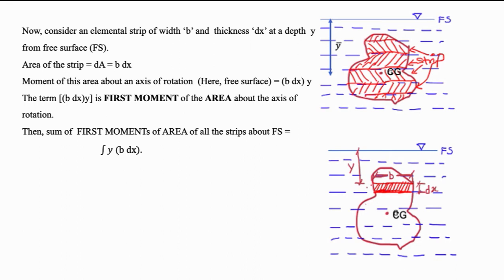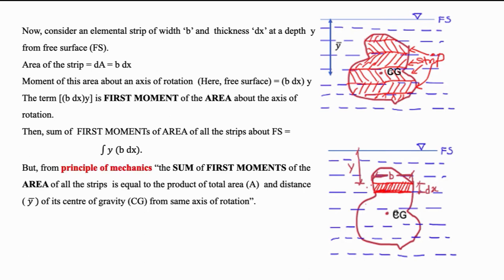Then, the sum of the first moments of areas of all the strips with respect to the free surface is the integral of y into b dx. But from principles of mechanics, the sum of the first moments of the areas of all the strips is equal to the product of the total area and the distance of the center of gravity of the total area from the same axis of rotation.